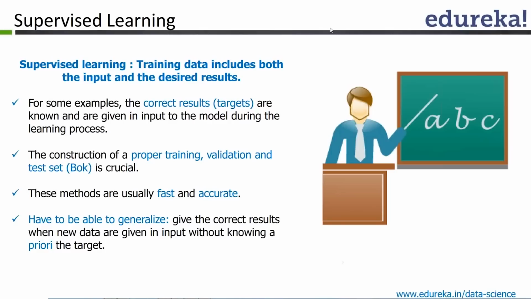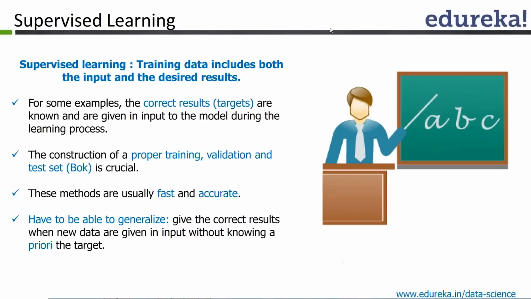Okay, and obviously you want those models to be able to generalize, meaning whenever a new image comes in, it should be able to predict whether it's a face or non-face, or whenever a new loan application comes in, the model should be able to predict whether it should be approved or declined.